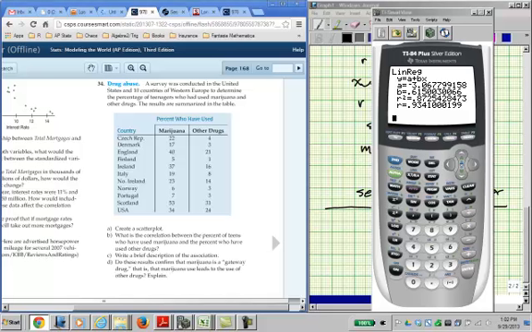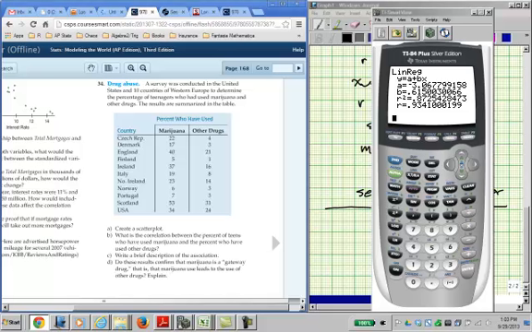Now, what is B? B is the slope. It's the rate of change. Now, what does B mean? In the context of the problem, B means that for every increase of 1% of marijuana users, the percent of people that use other drugs goes up by 0.615%. Okay, so let me say that again.